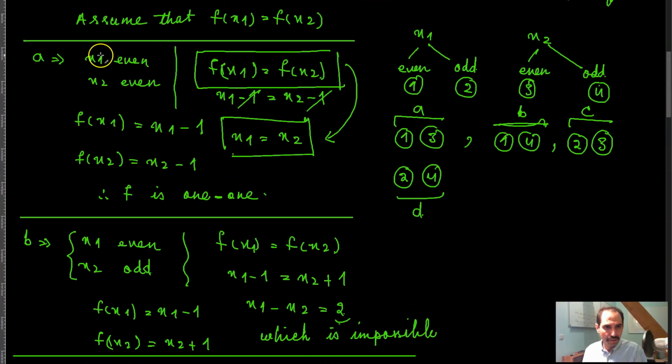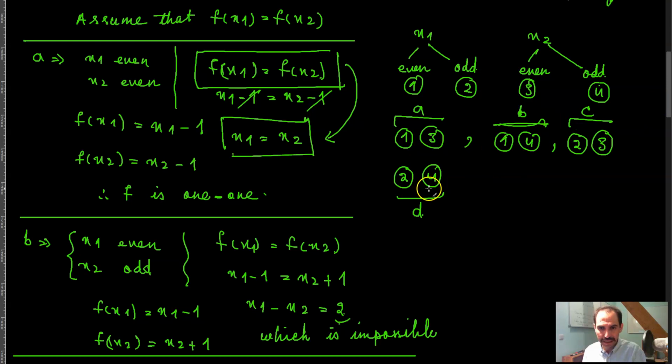And over here, both x1 and x2 were even, so in that case, f was found to be 1-1.